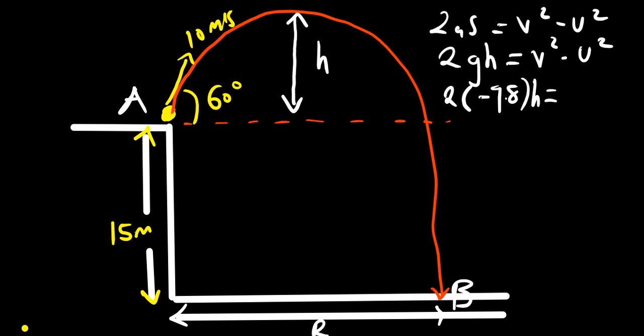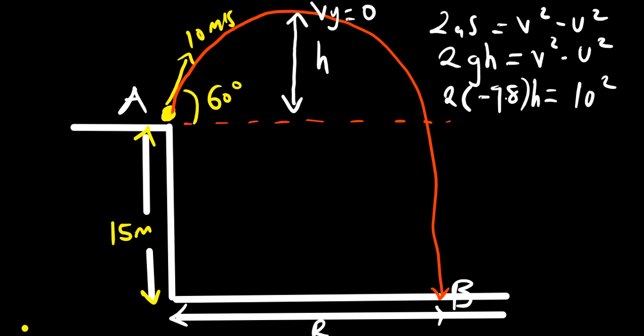Our v squared, that is the final velocity, and you know that our final velocity at this point, that is our final velocity vy, is equal to 0. Okay, so it will be 0 squared minus u squared. U squared, we said it was projected at 10 meters per second. Okay, so when we do the math, what are you going to have?